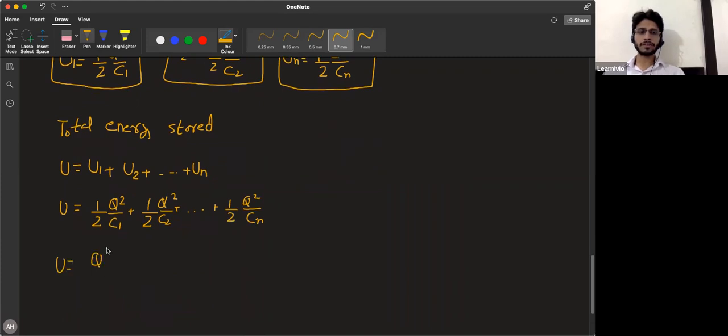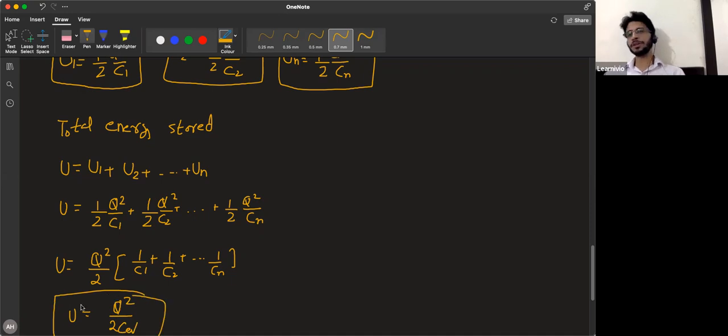So you can write this as Q square over 2 times 1 by C1 plus 1 by C2 up to 1 by Cn. What is 1 by C1 plus 1 by C2 plus 1 by Cn? 1 by C equivalent. So that will be Q square by twice of C equivalent.